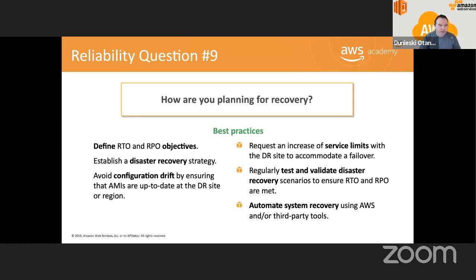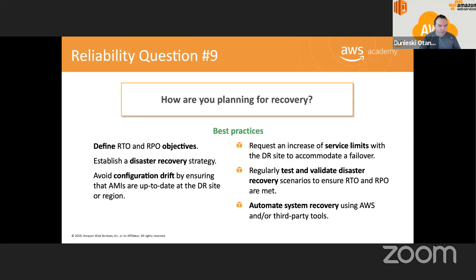So if we are architecting in the cloud or a hybrid architecture, you are somehow involved with the cloud, we have to define how quickly you want to recover, and how much data you are willing to lose. So that's very important. You have to establish a disaster recovery strategy. Okay, we have repeated this so many times, but that's super important.